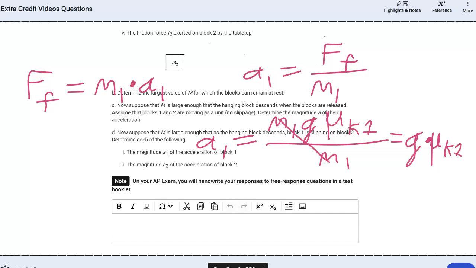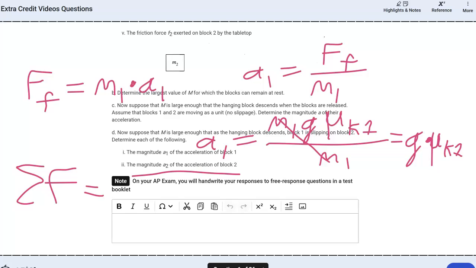Okay, now let's find magnitude A2 of the acceleration of block 2. This is a little more tricky with our sum of forces, or net force, whatever you want to call it. Sum of forces, again, is stuff that makes it go minus stuff holding it back.